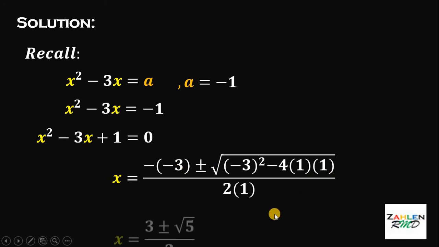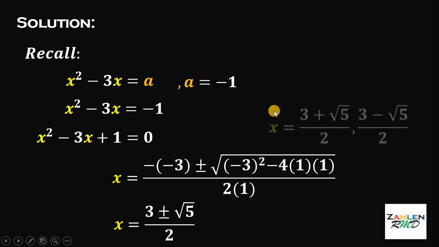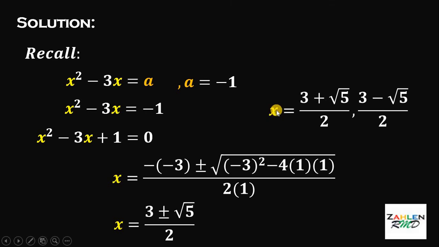Now simplify and we get x equals 3 plus or minus the square root of 5, all over 2. Now since we're looking for a real value for x, we have two solutions. We have (3 plus square root of 5) over 2 and (3 minus square root of 5) all over 2. And we're done.